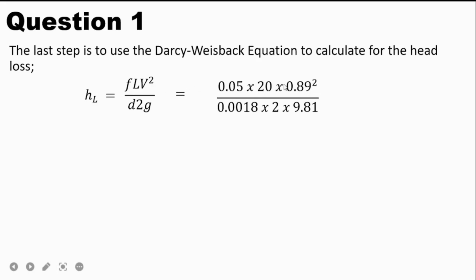Remember, it is squared, divided by the diameter of the pipe, 0.0018, times 2 and times the gravity, which is constant, 9.81. When we put all this in our calculator, our head loss should be 22.4 meters to 1 decimal place. So the head loss for this question is 22.4 meters.